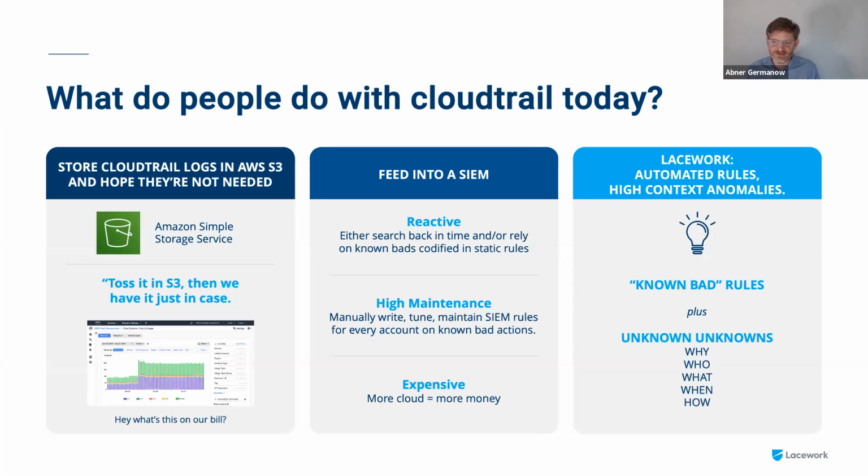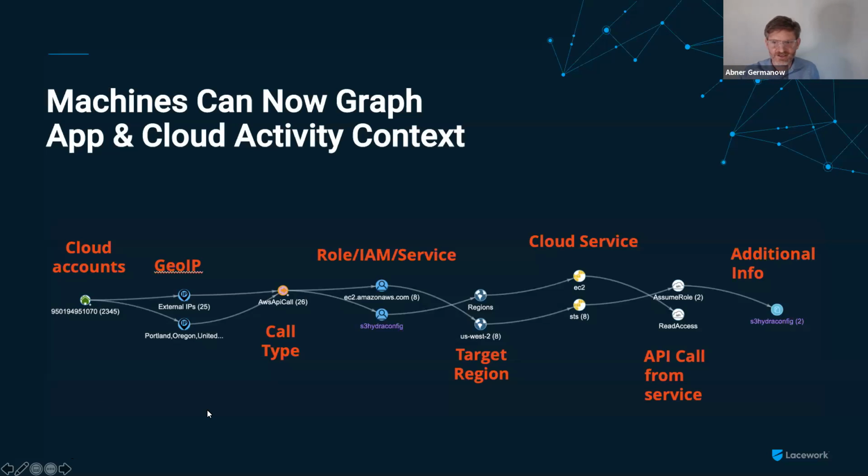The reason why Lacework is able to understand this is that machines can now build context for you. If I can get to the next slide, we can look at what that looks like. If you think about the activity that's buried in those CloudTrail logs, somebody's working in a cloud account from a particular place, in this case Portland, Oregon.